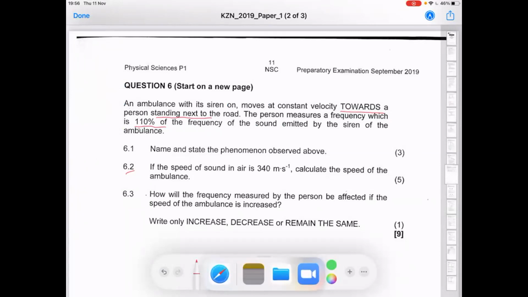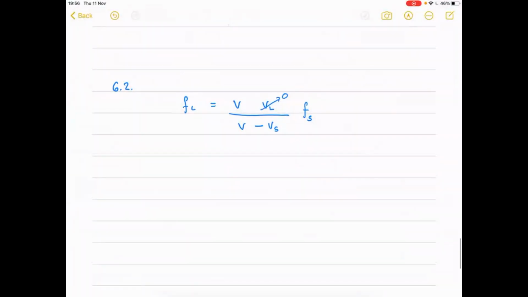So we write that out as 110 over 100 of that. It's 110% of the frequency is equal to 340 over 340 minus Vs, which is what we're trying to find, times Fs.